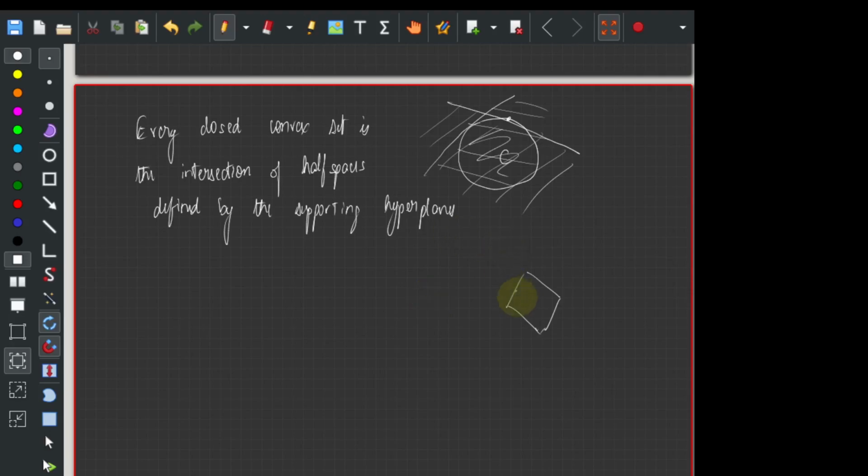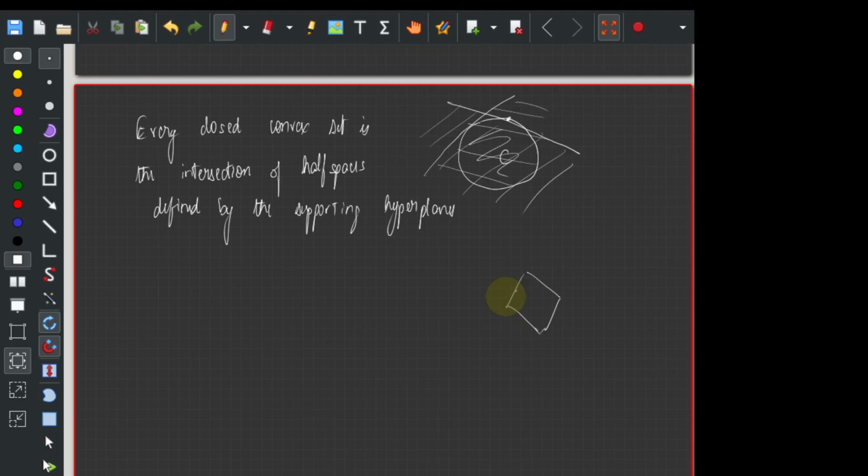Take any other point on this boundary, right? Take a point on the edge, but which is not a vertex. You construct a supporting hyperplane. How many supporting hyperplanes do you have? Exactly one, right? At least in 2D.